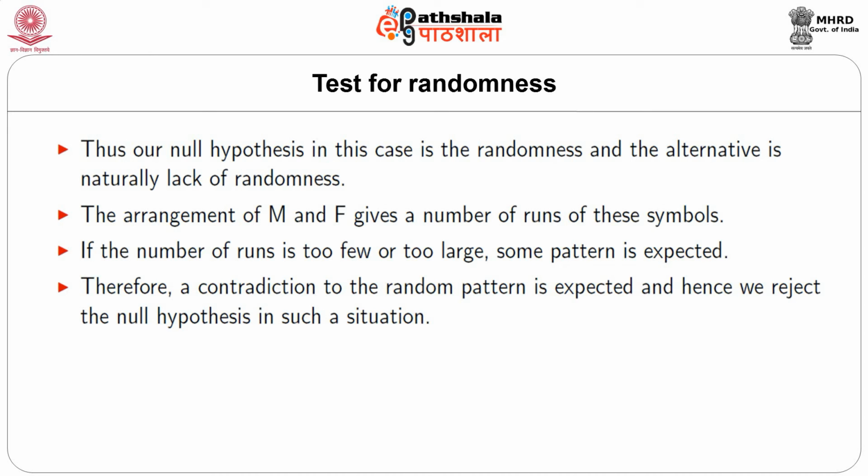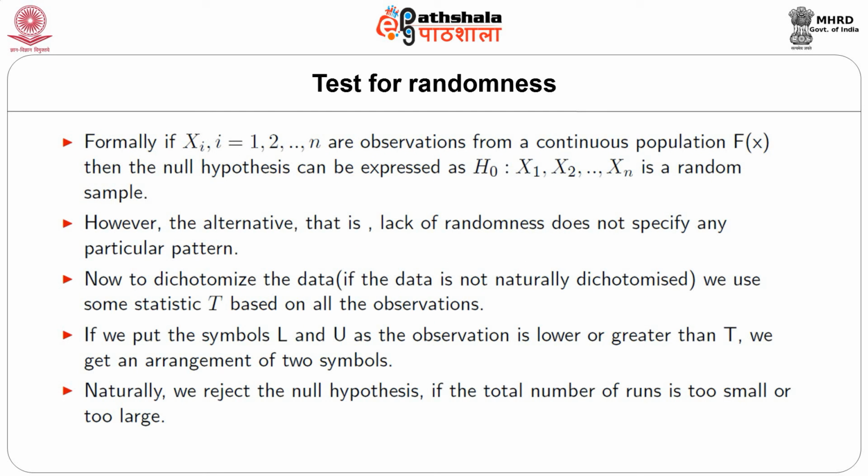The arrangement of M and F gives a number of runs of these symbols. If the number of runs is too few or too large, some pattern is expected. Therefore, a contradiction to the random pattern is expected, and hence we reject the null hypothesis in such a situation. So, if we have n observations xi, that is data, from a continuous population F(x), then the null hypothesis can be expressed as that x1, x2, ..., xn is a random sample from some continuous population.